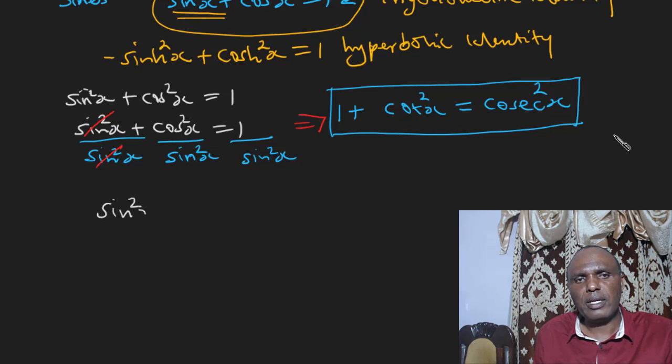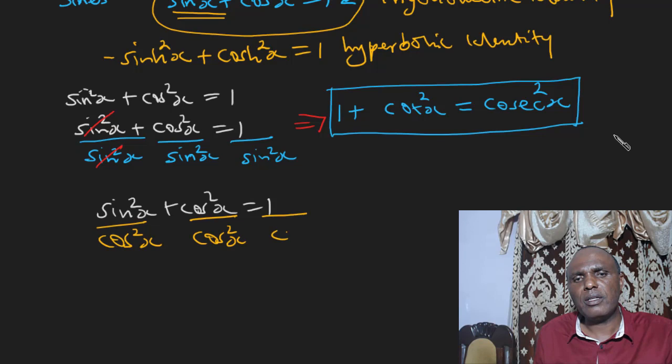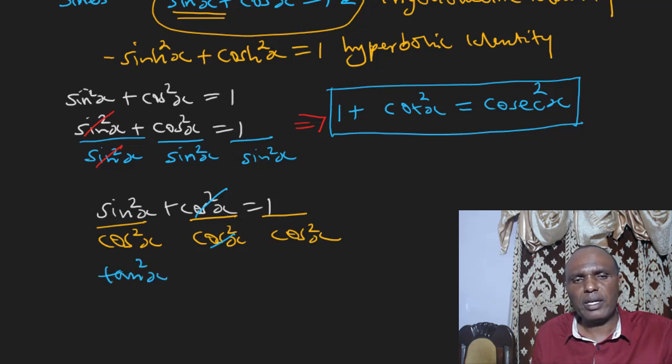Sin squared x plus cos squared x is equal to 1. I would like us now to divide this trigonometric identity by cos squared x. Here we divide by cos squared x, and here we divide by cos squared x. Cos squared x will cancel with cos squared x, and now sin squared x over cos squared x is written as tan squared x, and this one here is 1 and is equal to 1 over cos squared x, which is the same as sec squared x.